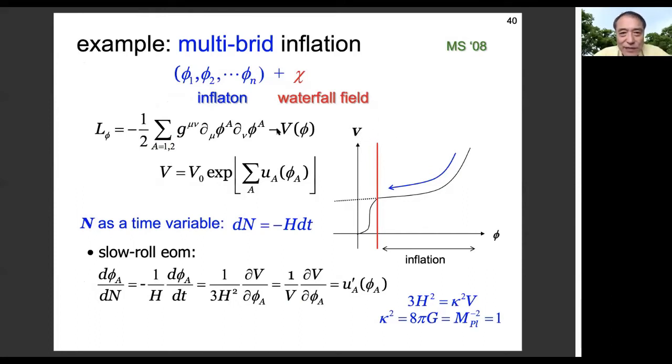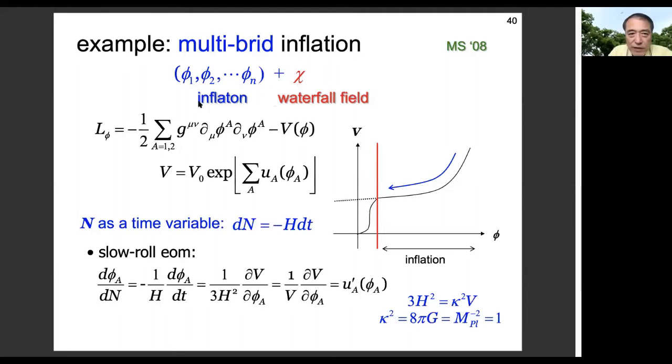The assumption is like this: assume that you have some inflaton field, and later I just consider two fields. And then there's some field which controls the length of inflation. This is the case where you have just a single inflaton field. This is called hybrid inflation, and in the case of hybrid inflation, the chi field determines the end of inflation, making the inflaton trajectory unstable and ending the inflation.